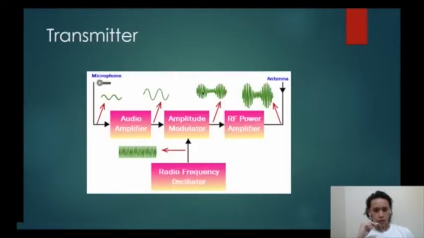So, this is an example ng transmitter. This is the audio signal, ito yung input signal natin. Ito yung oscillator natin which produces the carrier wave. Makikita ulit natin dito na yung carrier frequency is mas mataas siya kaysa dun sa input frequency.